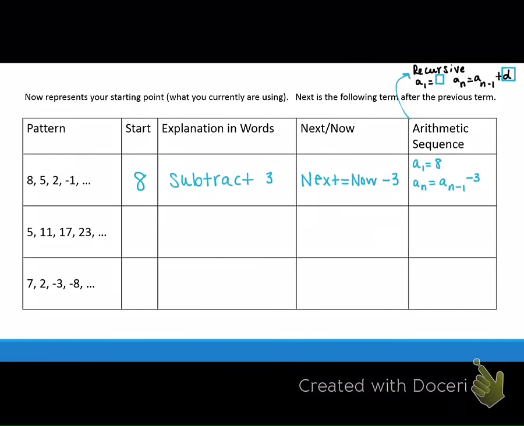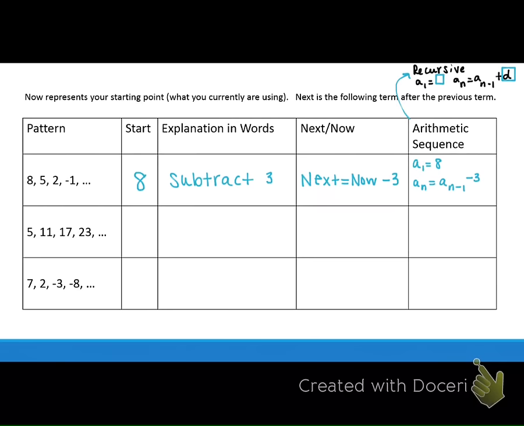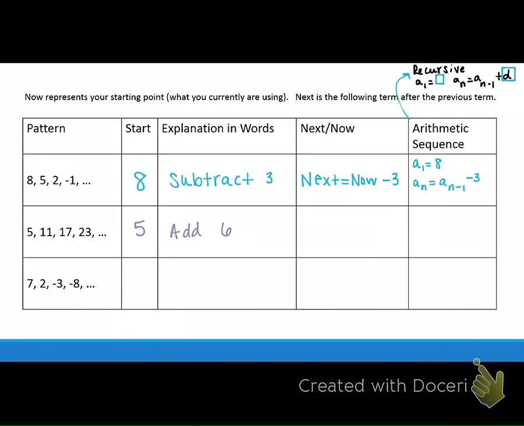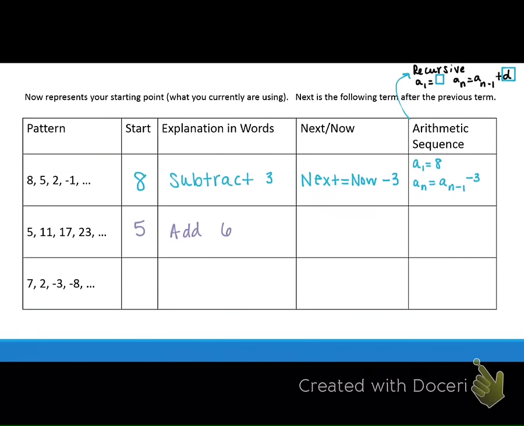So Vivian, the next one there, what am I starting on? 5. We are starting on 5. So Madison, what is happening each time? Add 6. Mackenzie, what's my next-now formula?